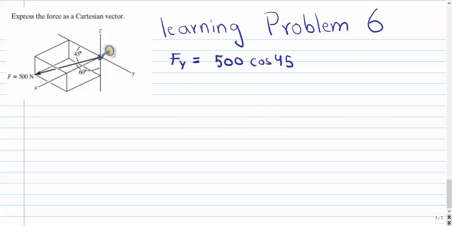But also notice that the direction is in the negative y-axis, so we need to put a negative sign. Okay, so the value that we get for this is equal to 353.6.